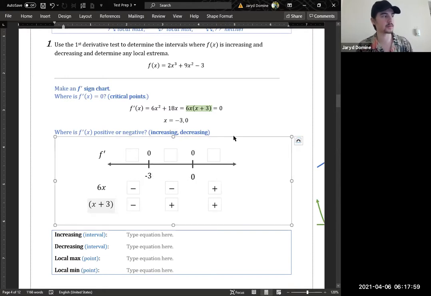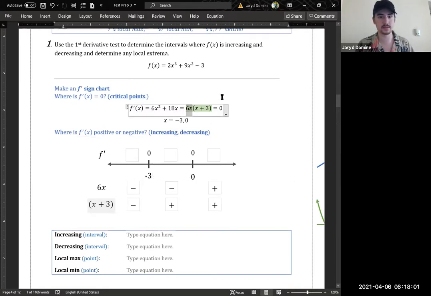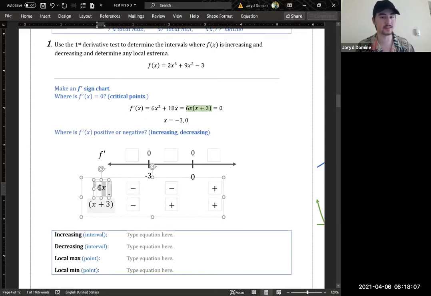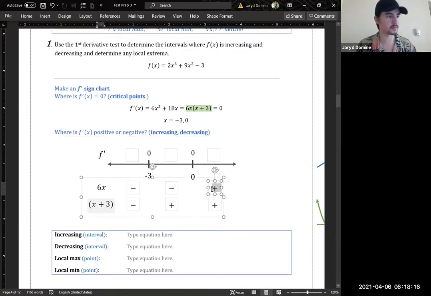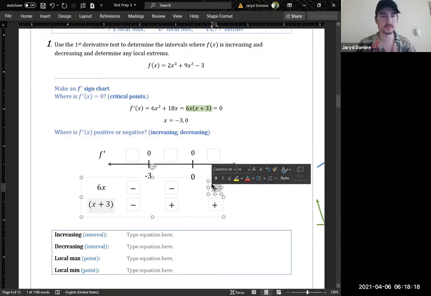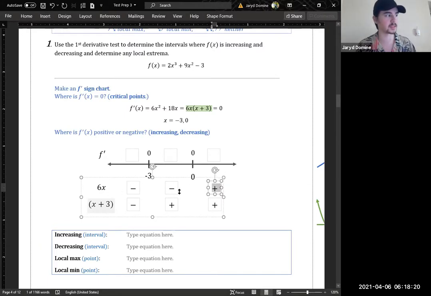So we have two terms here, 6x and x plus 3. The question is, what are the signs of these in each of the intervals? So 6x: if I pick a number over here that's greater than 0, 6x is going to be positive. What if I picked 1? 6x is going to be 6, a positive number.